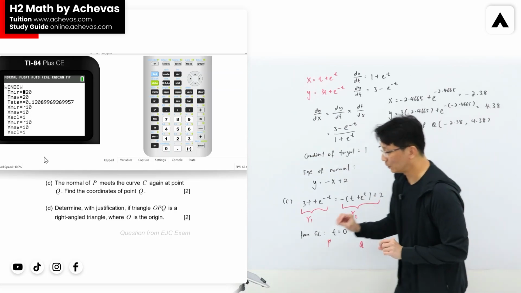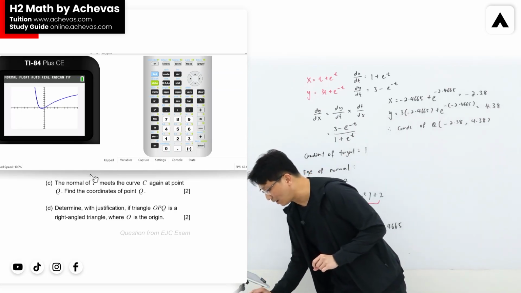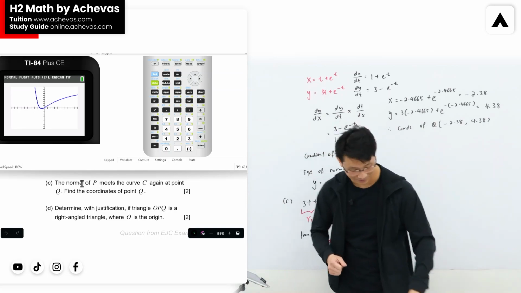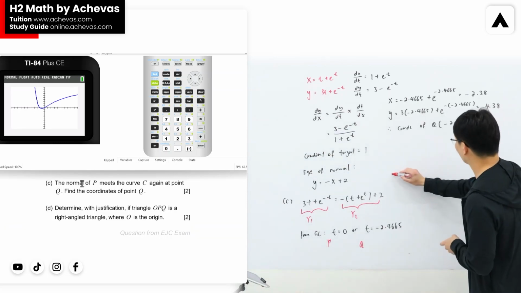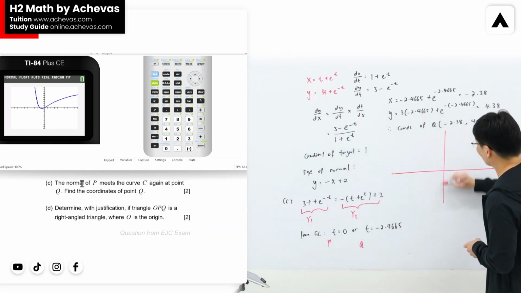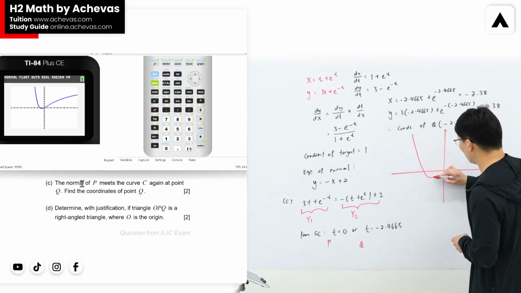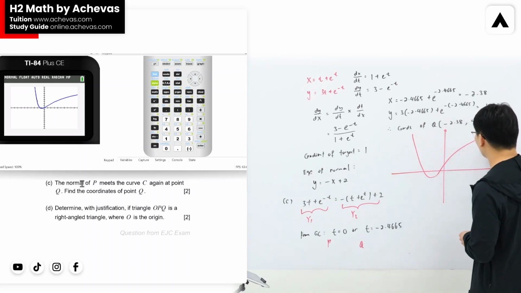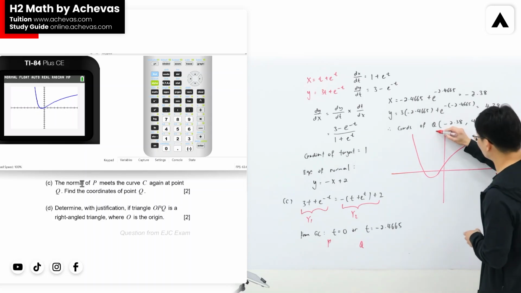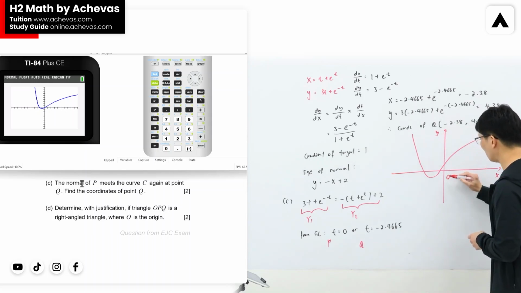So from here, if I were to graph this, I will get a curve that looks something like this. Let me just draw it. It will cut the x-axis, then turn back up and look something like this. And this is x, this is y, and this will be my origin.